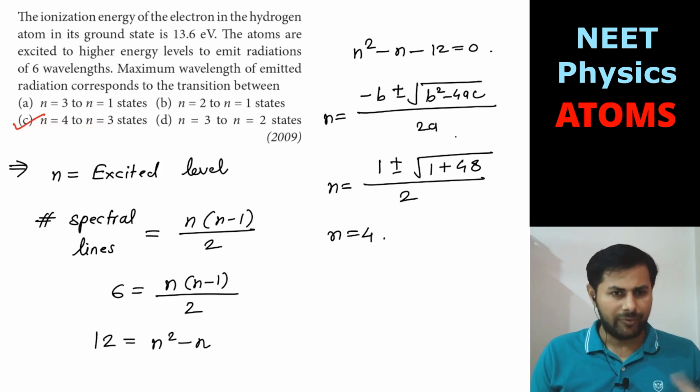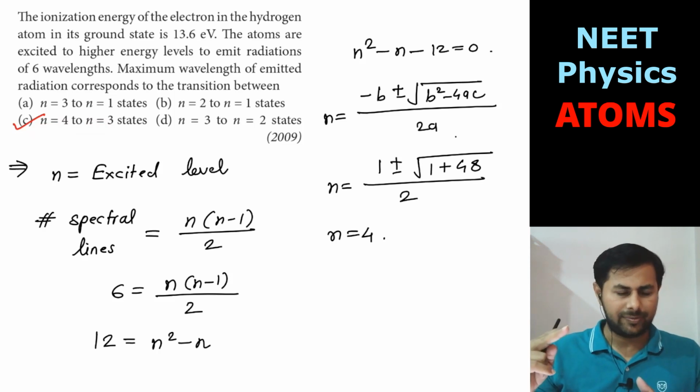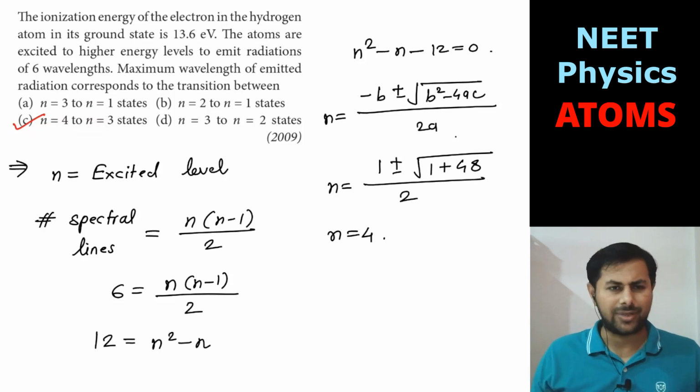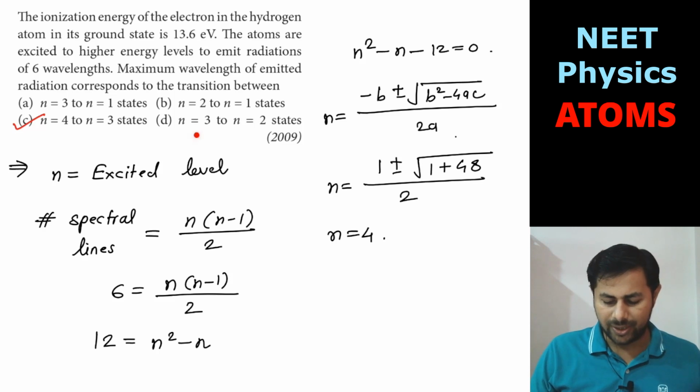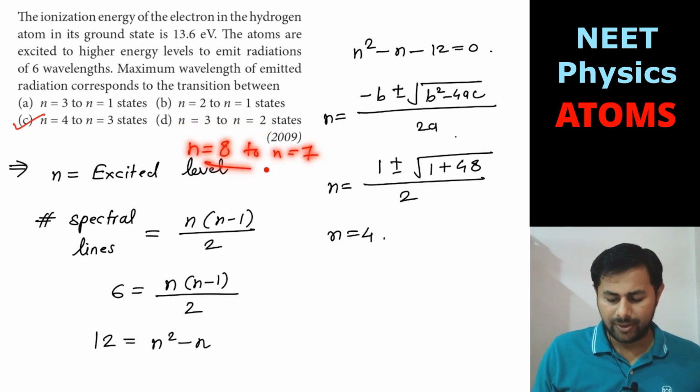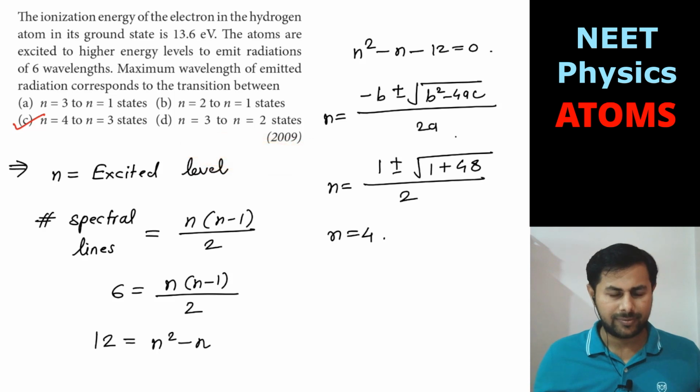We'll see how. But your electron should go to that nth level, otherwise they can write anything. If in some option it's n equals 8 to n equals 7, then that would be your answer, right? So ideally you need to check this.